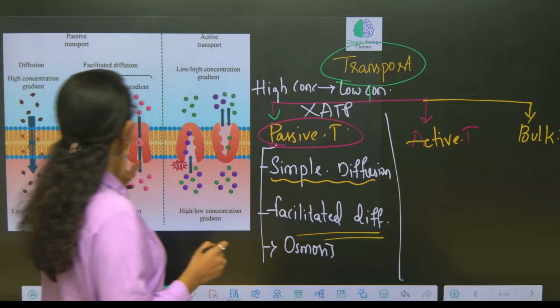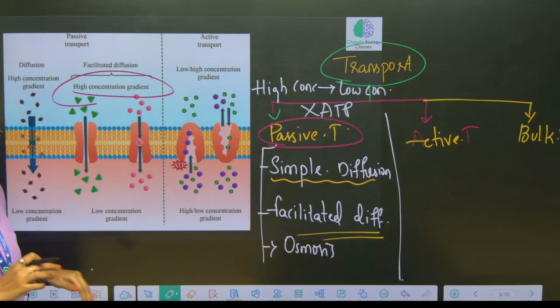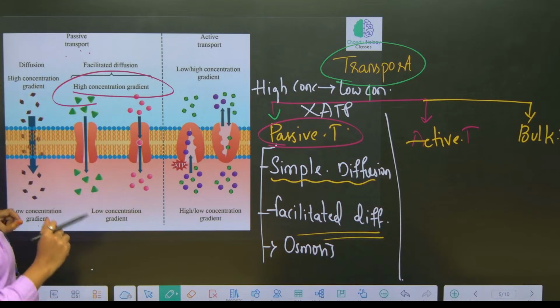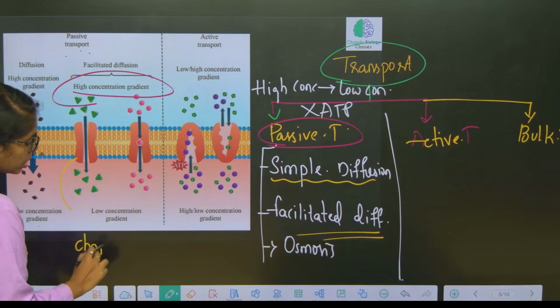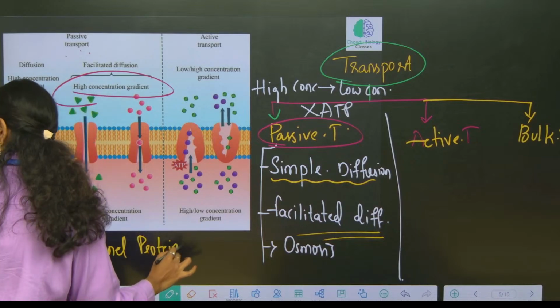Facilitated diffusion is nothing but transport of molecules across the concentration gradient, that is from high concentration to low concentration, through the help of either channel proteins or carrier proteins.